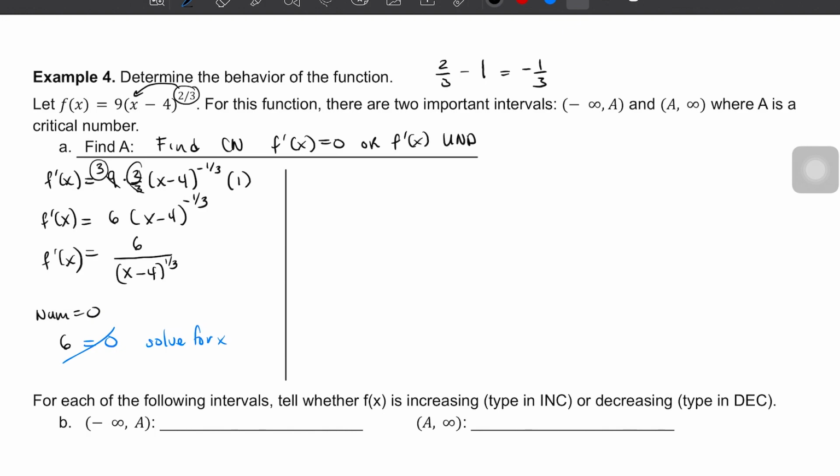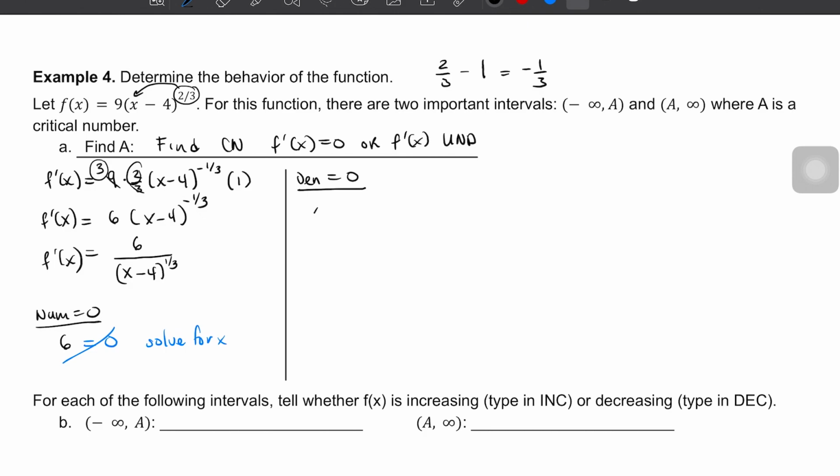So let's try the other case, when the derivative is undefined. So when would this be undefined? And if you're saying that will happen whenever the denominator is 0, you're right. So it's going to be whenever the denominator is equal to 0. We kind of talked about this before, right?